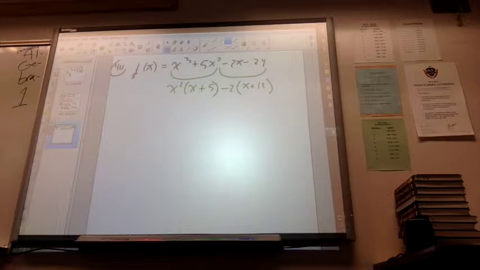So would somebody do me a favor and graph x to the third plus 5x squared minus 2x minus 24 on a graphing calculator? Somebody graph that and put the cell phones away, please.